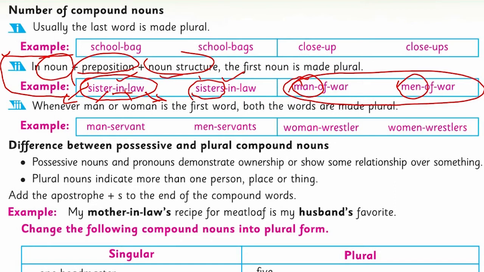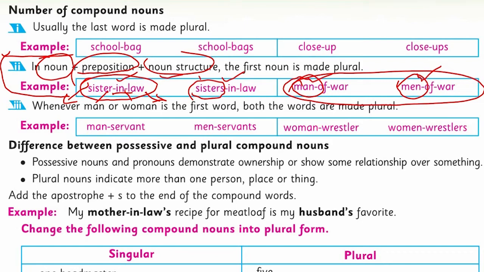Here we have man, the singular form, and men, the plural form. We need to change only the spelling. No need to add s because these are irregular nouns. Irregular nouns are those in which we don't need to add es or s.